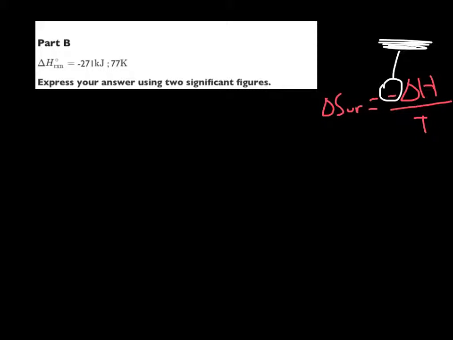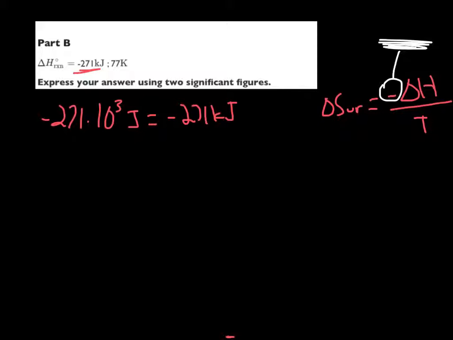Alright, so let's look at this formula while we just set this up. We know that we have to convert this value right here. So we have negative 271 times 10 to the 3 joules equals negative 271 kilojoules.